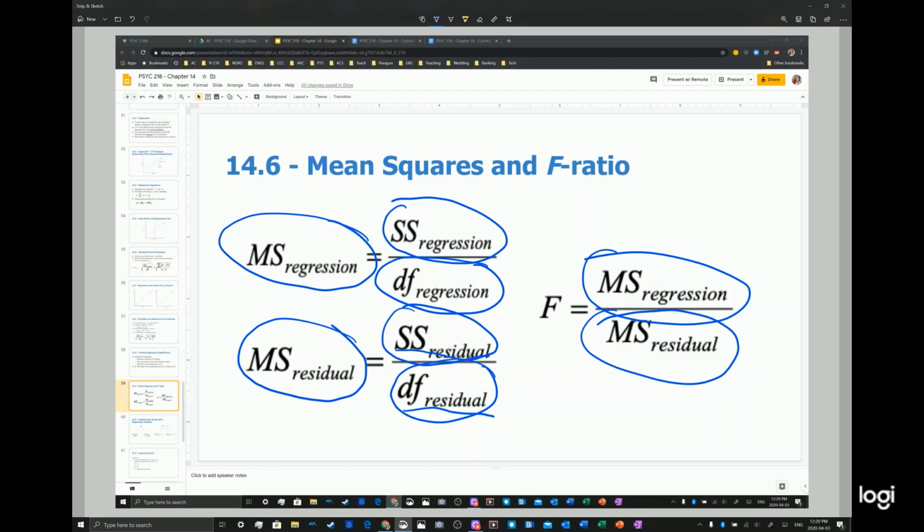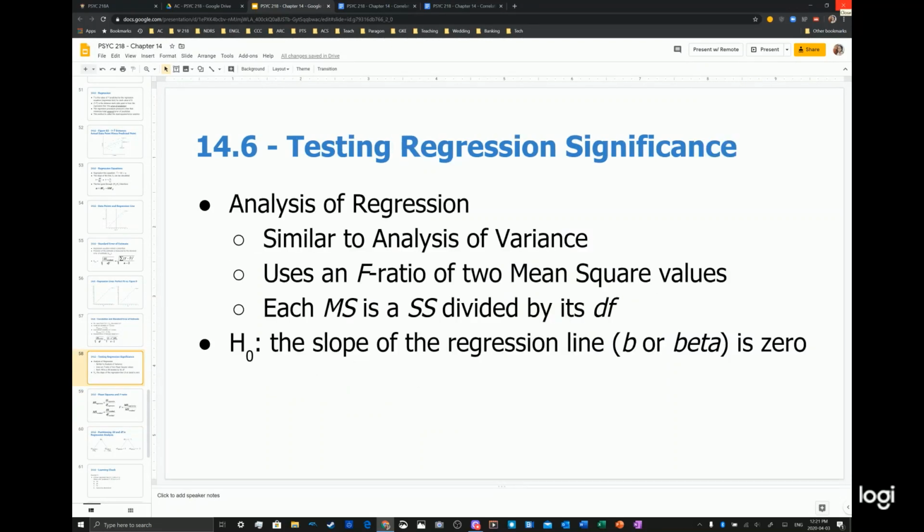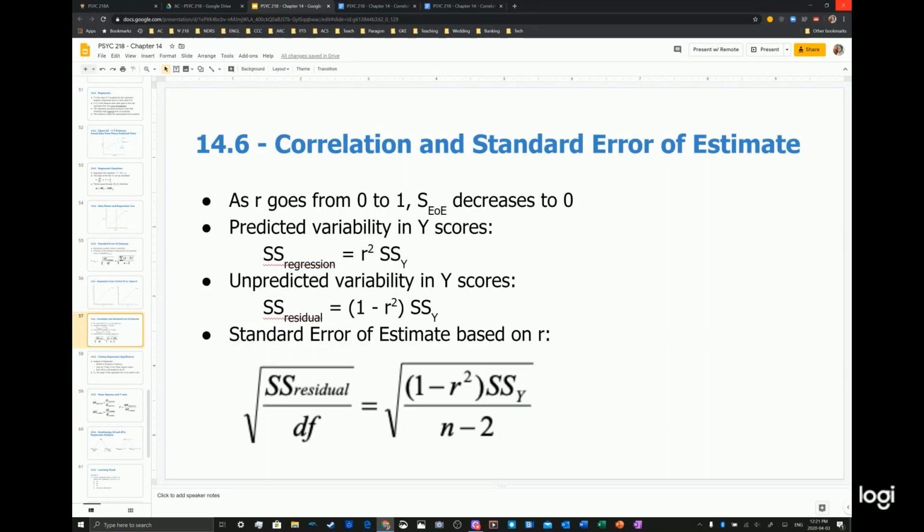We use the same F ratio and the same F table to set our critical values, and the same steps as ANOVA and hypothesis testing, to see if there's a significant regression, or regression significance.